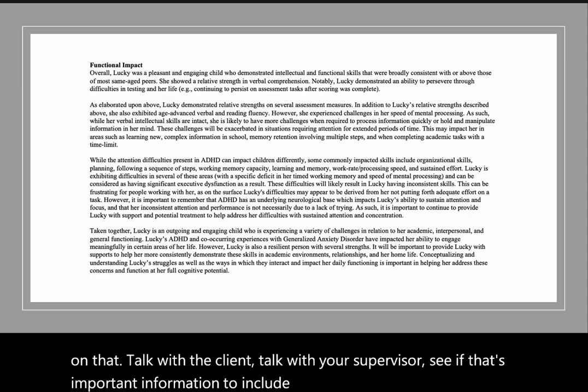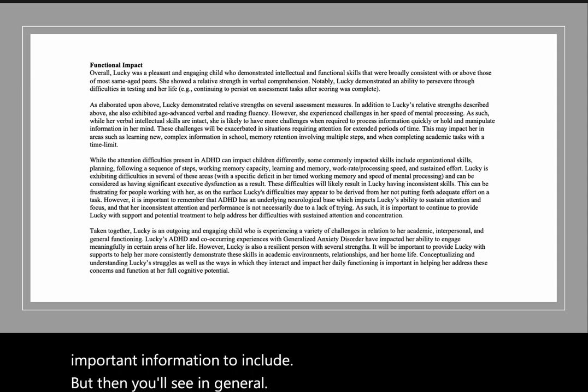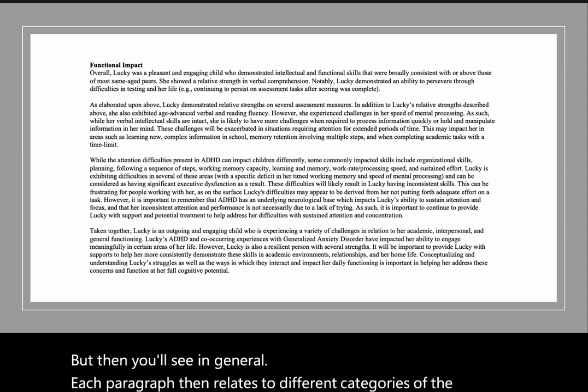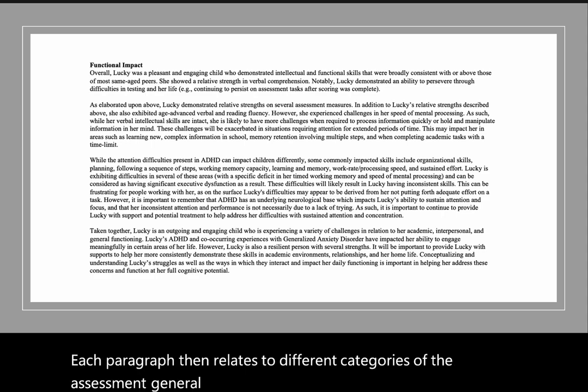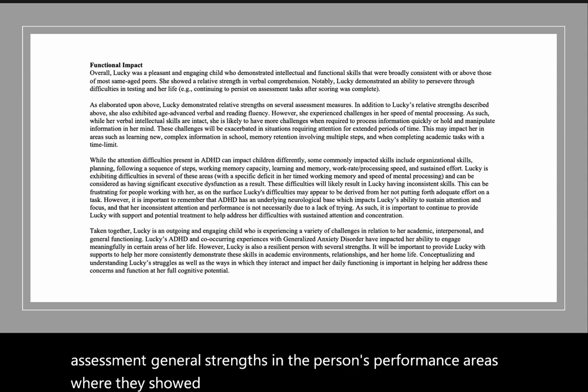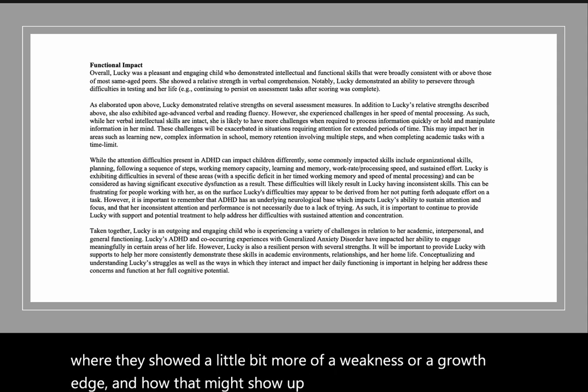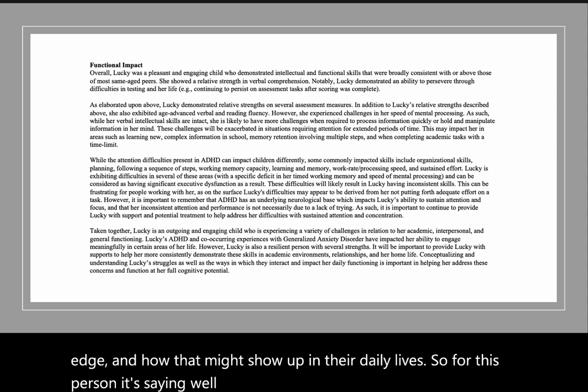But then you'll see in general, each paragraph then relates to different categories of the assessment. General strengths in the person's performance, areas where they showed a little bit more of a weakness or a growth edge, and how that might show up in their daily lives. So for this person, it's saying, well, you have a little bit of a slower processing speed.